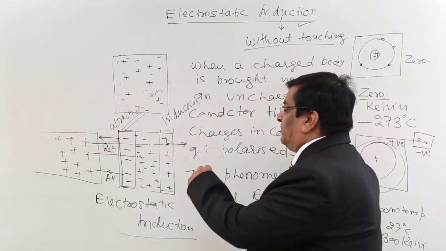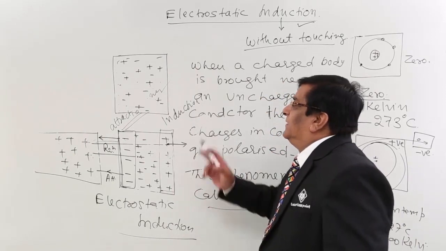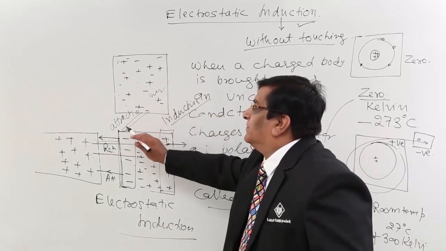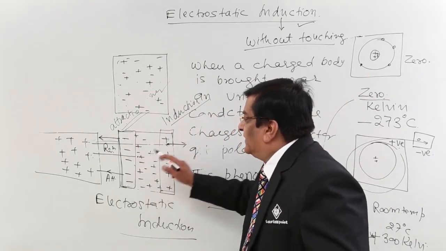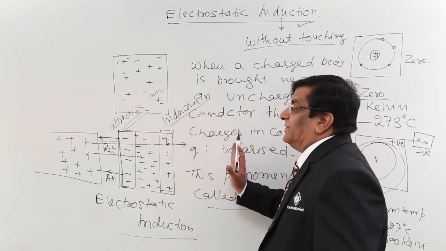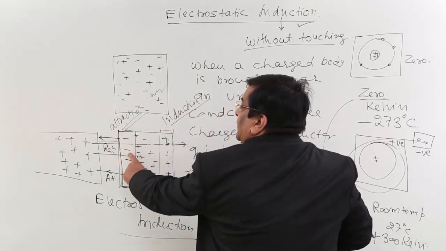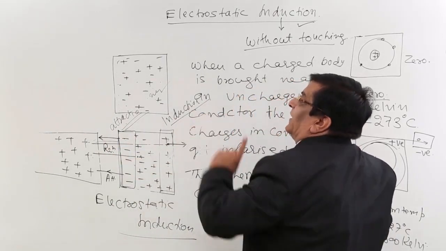So we have a very famous sentence in electrostatics that there is always an induction before attraction, because if these negative charges are not here and plus are not away, then these two forces will be equal. Why are these forces of attraction more? Because they are closer, because there had been an induction earlier.